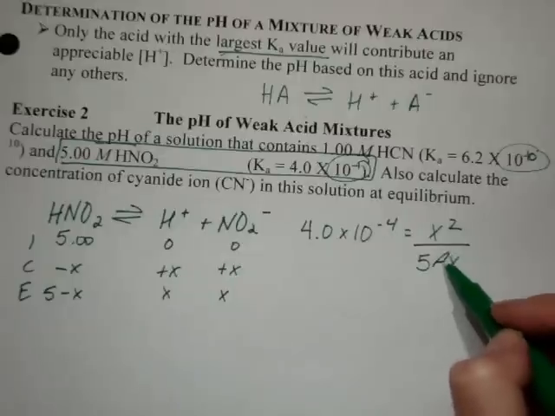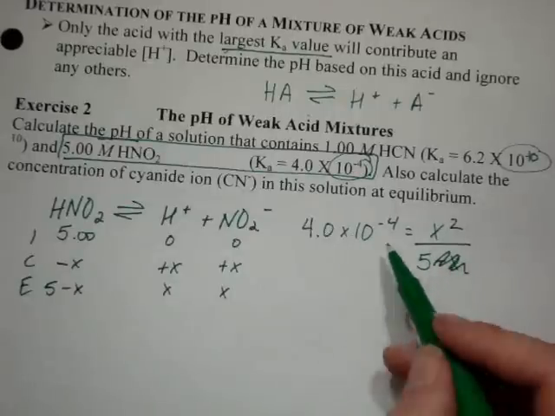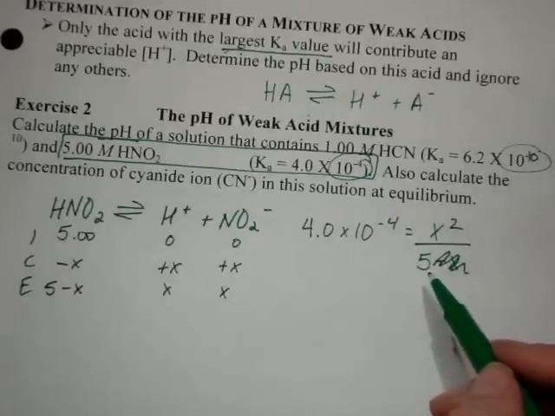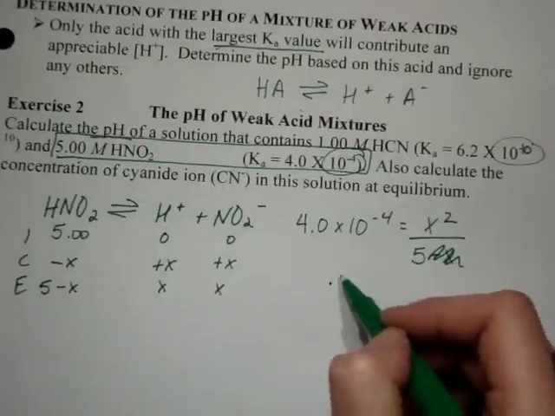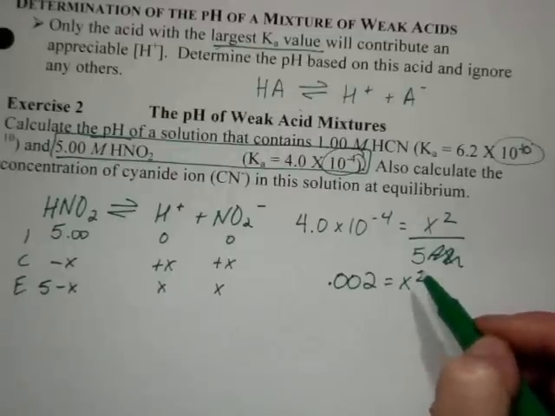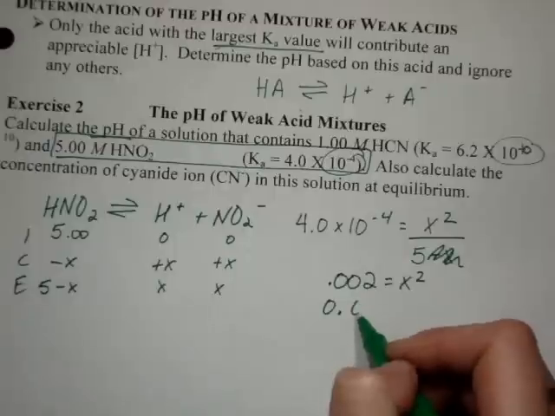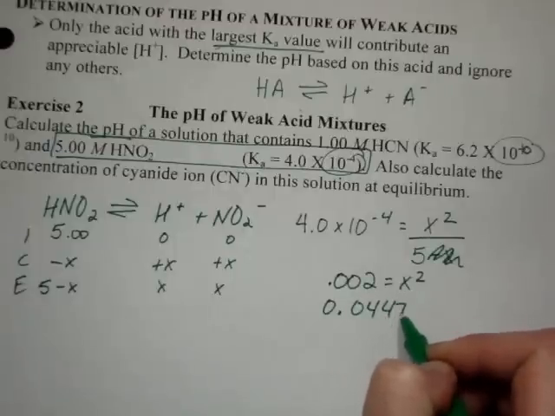Then I can cancel out the x, or at least try to. So 4 times 10 to the negative 4th times 5 is 0.002 equals x squared. And that gives me that x is 0.04472.